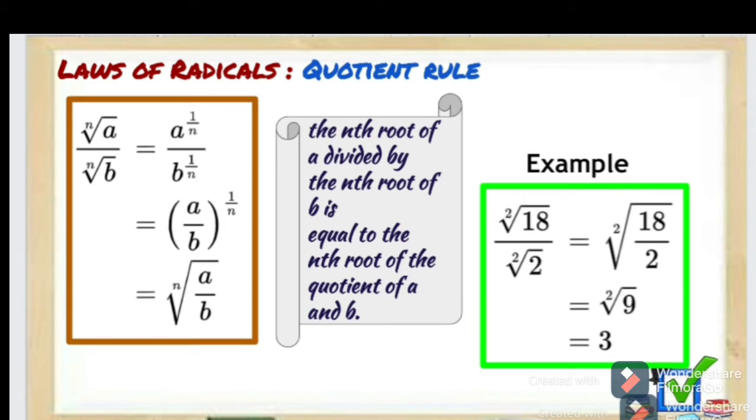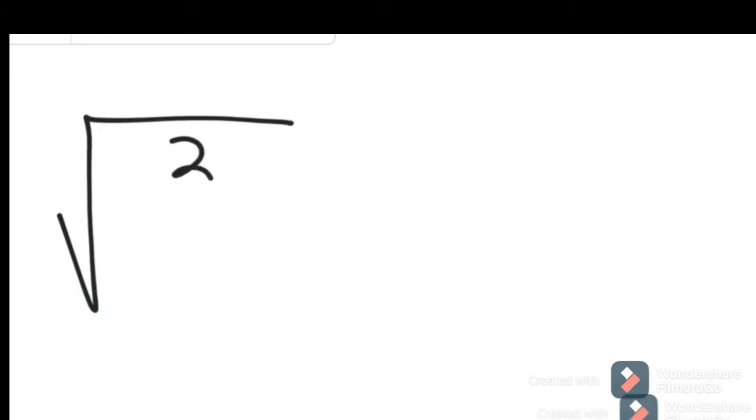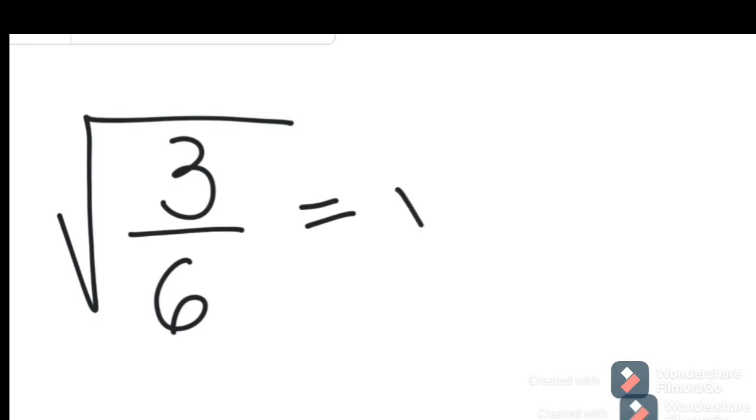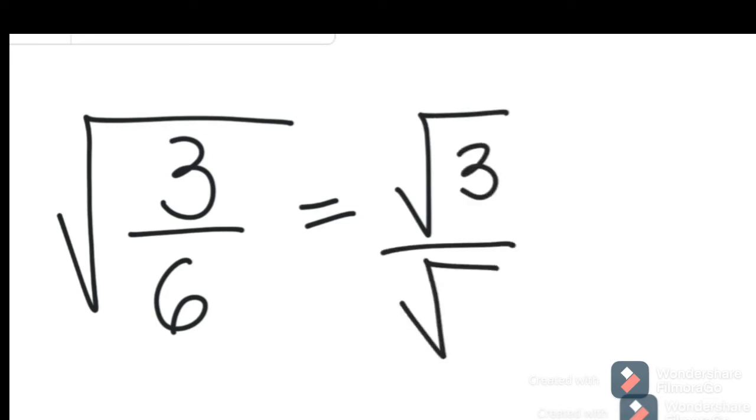When we say rationalizing the denominator, we should have no radical in the denominator. We have the square root of 3/6. Applying the quotient of a radical, we have the square root of 3 and the square root of 6.